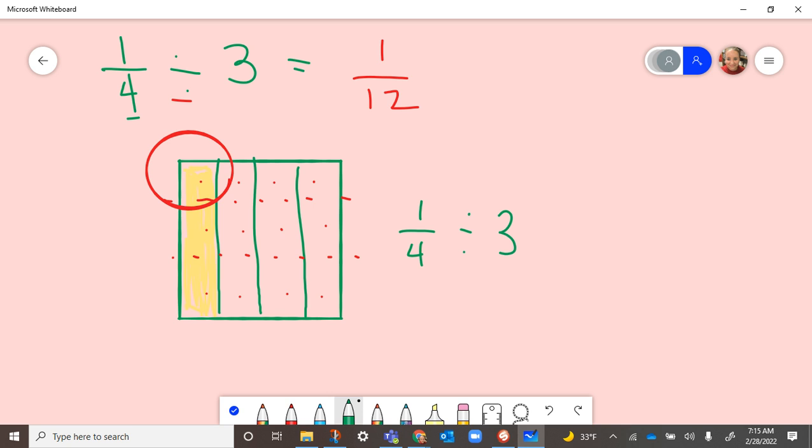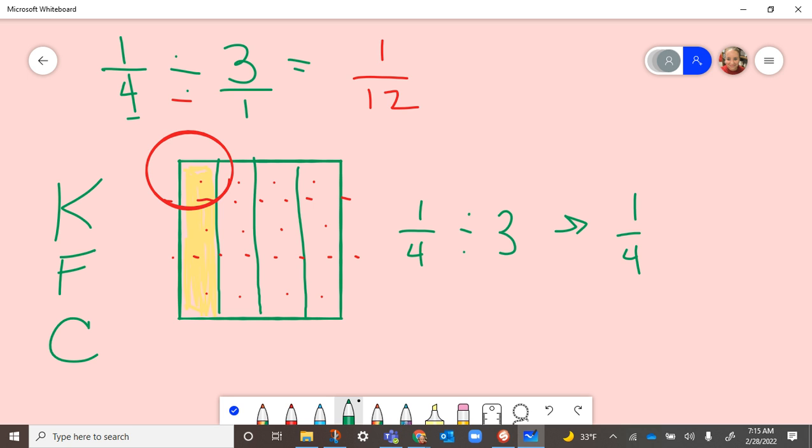We're going to rewrite this. Remember, K, F, C. We're going to keep the first fraction. Then we're going to change the second one, which is the same as 3/1.